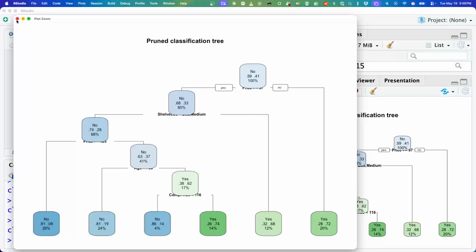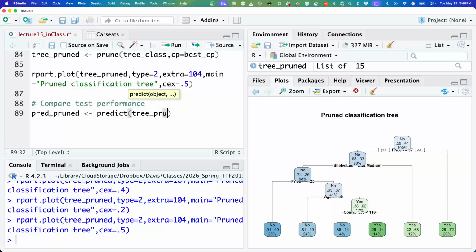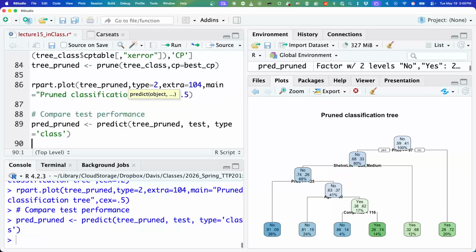We can do a comparison against the non-pruned tree, doing the same accuracy measure as we did for the previous example.